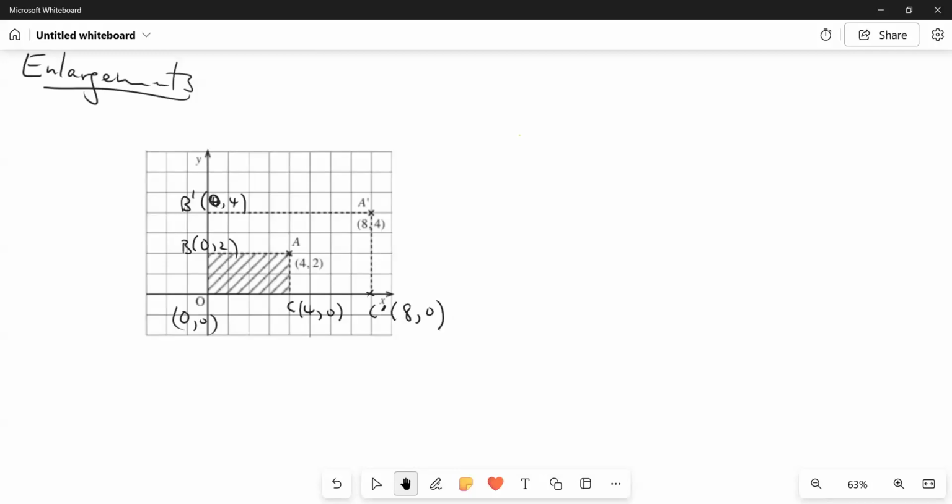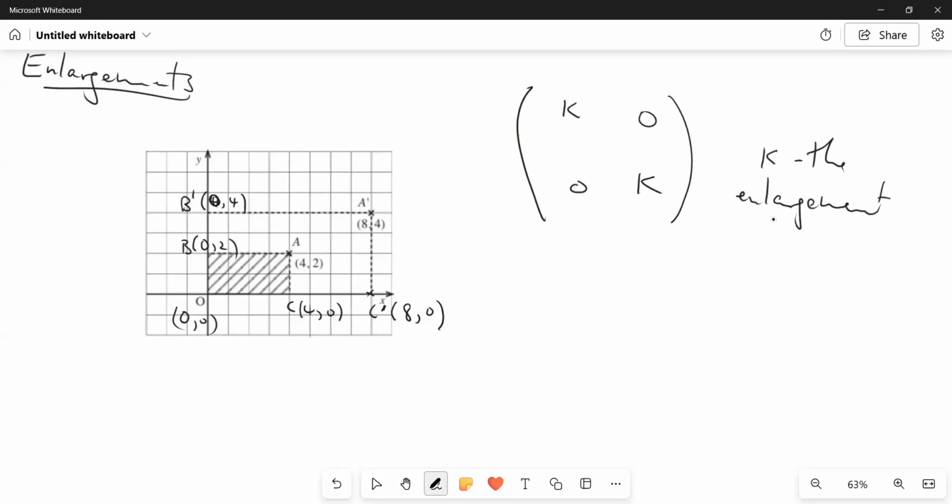Again, the matrix that will do that is of the form K, 0, 0, K, right? K is what we call the enlargement factor, right? The enlargement factor.